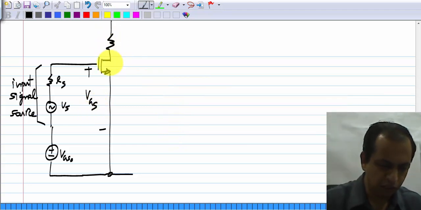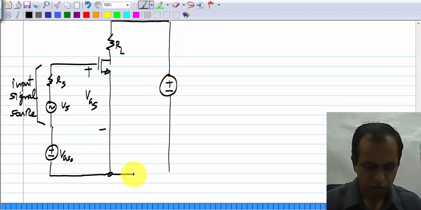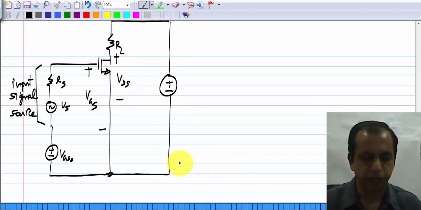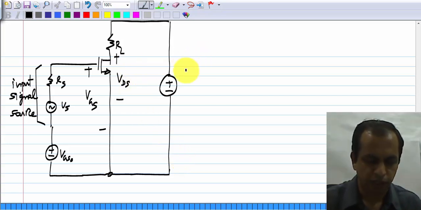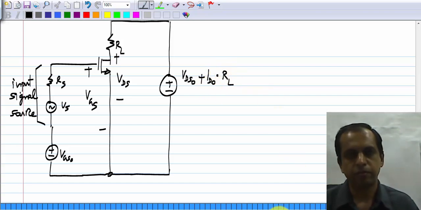On the other side, you connect RL in series with the drain and to provide the correct operating point voltage VDS, okay, whatever that is, let us call it VDS 0, then this voltage will have to be equal to VDS 0 plus the operating point drain current. The operating point drain current also flows through RL. So, operating point drain current ID 0 times RL.